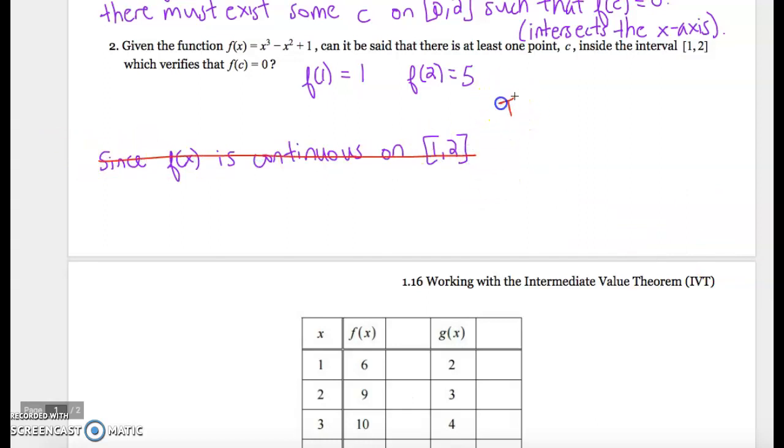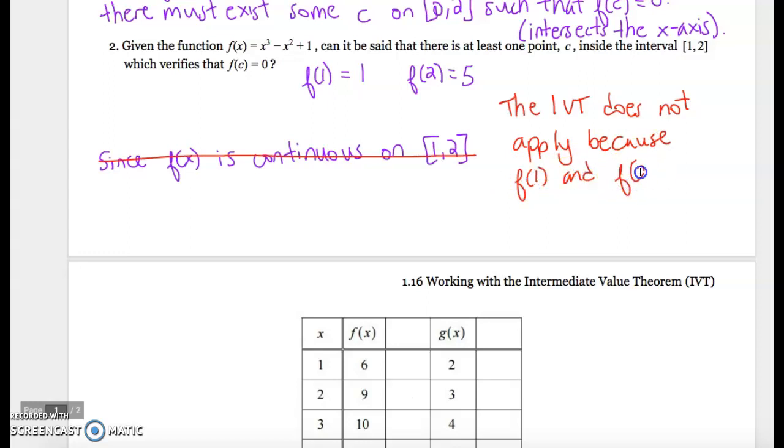So you can say the IVT does not apply because f of 1 and f of 2 are both greater than 0. And so we can't use the intermediate value theorem. The intermediate value theorem says there's some intermediate value. This would be your intermediate value between two numbers, but 0 doesn't fall between 1 and 5, so we can't use the intermediate value theorem here.